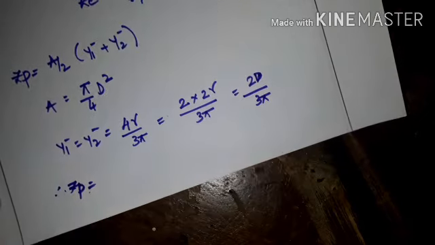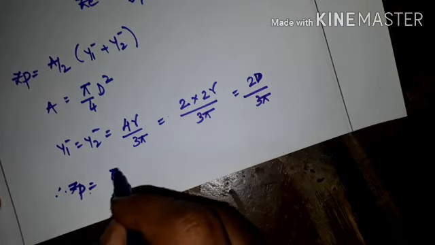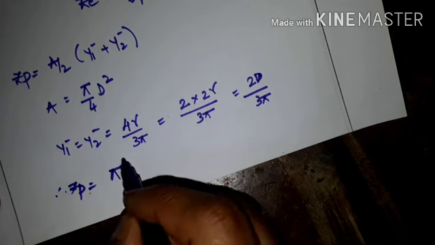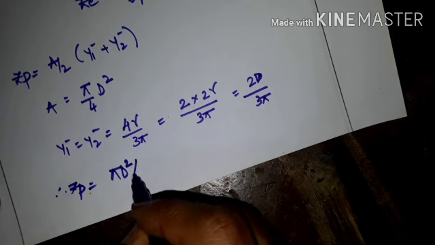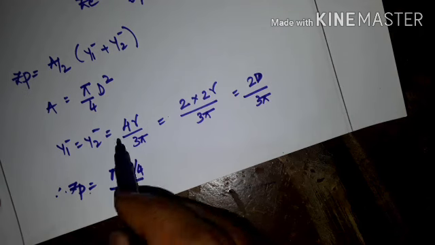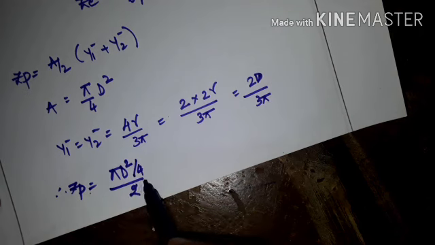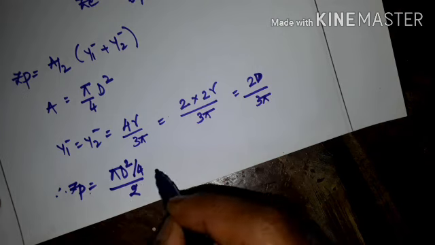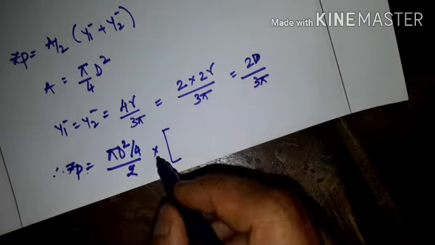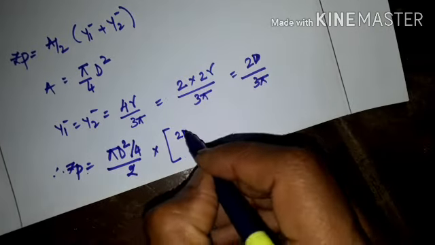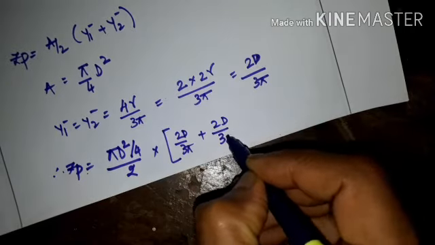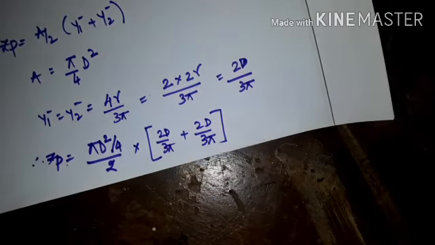Therefore ZP is equal to pi d square by 4 divided by 2, because area by 2, into y1 bar plus y2 bar. So y1 bar is 2d by 3 pi plus 2d by 3 pi.